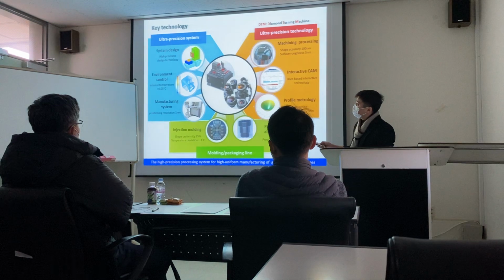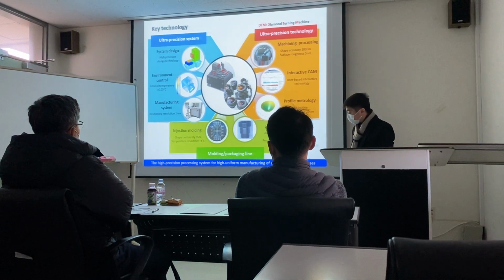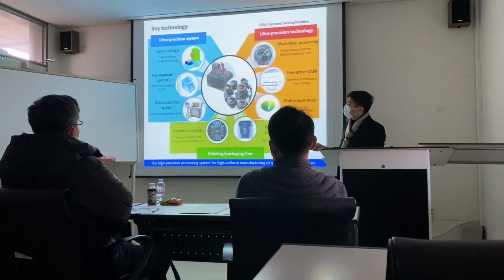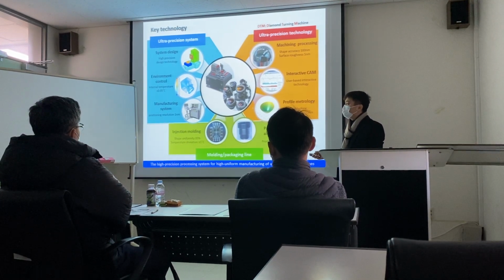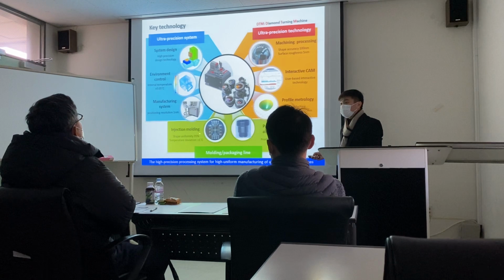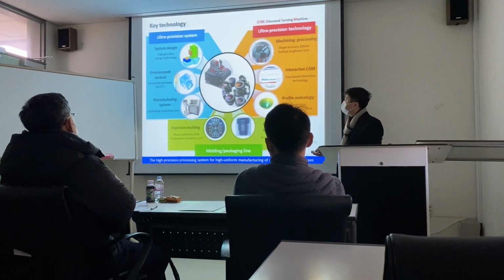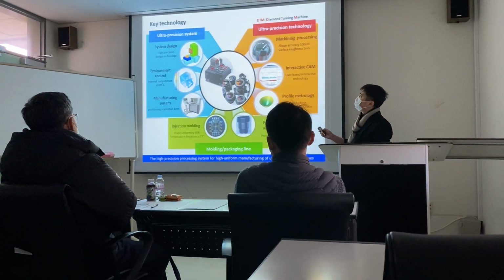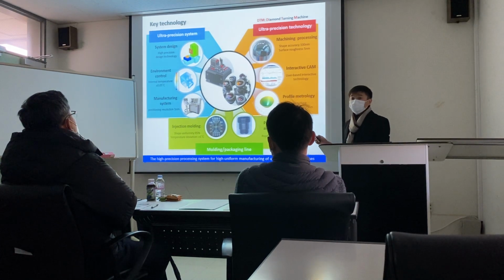Let me talk briefly about this machine and what we have to do. We need the system design, the environment control, the manufacturing system, the injection modeling, the package alignment, and the most important, a focus on ultra precision technology.